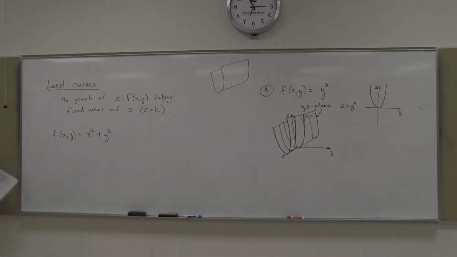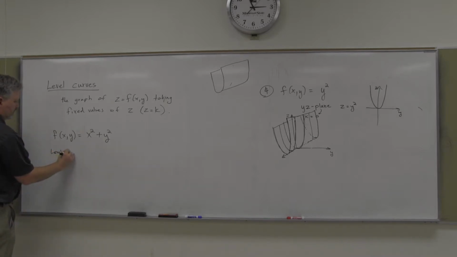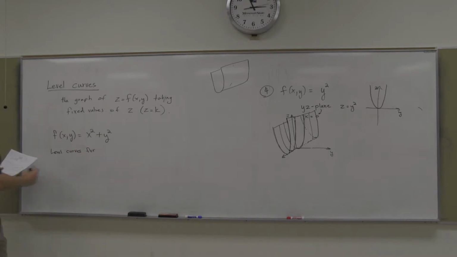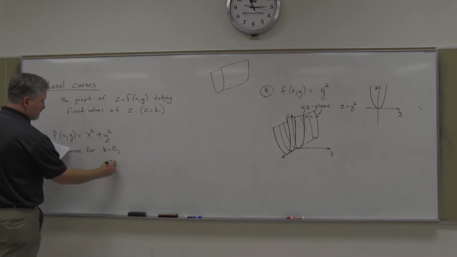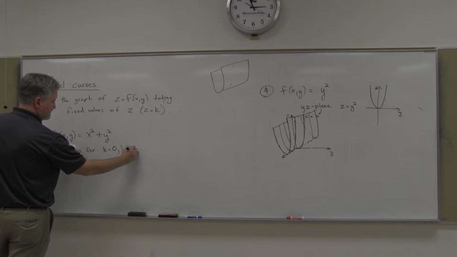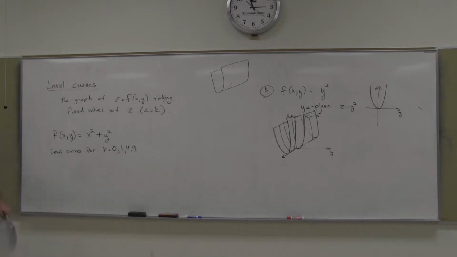All right, so here's what I'm going to do. I'm going to do level curves for k equals, and we'll see why I picked these in particular. We don't have to necessarily pick nice numbers, but in this case it may be helpful. So z equals 0, 1, 4, and 9.